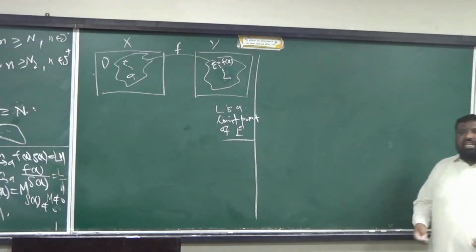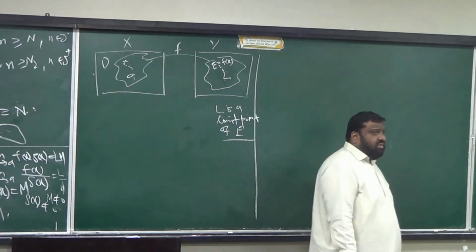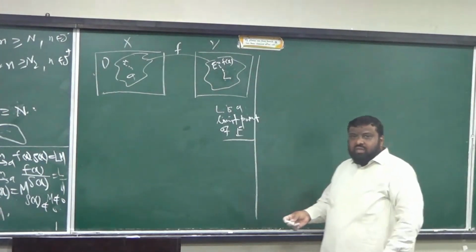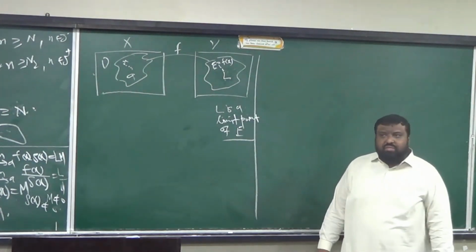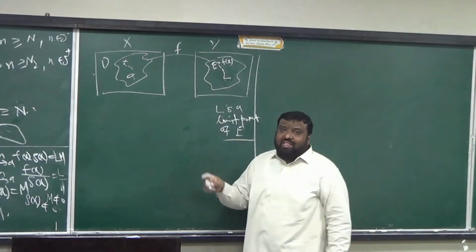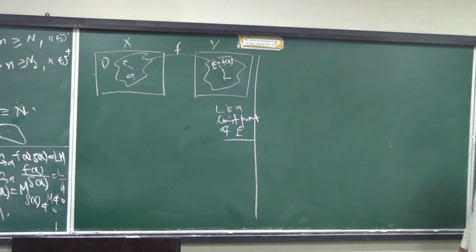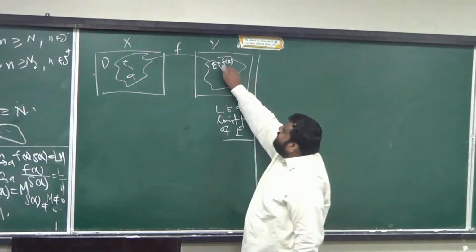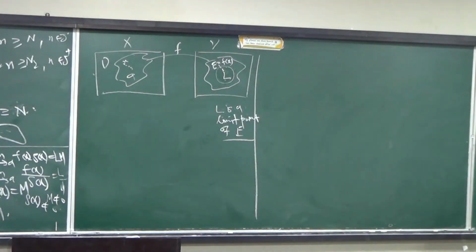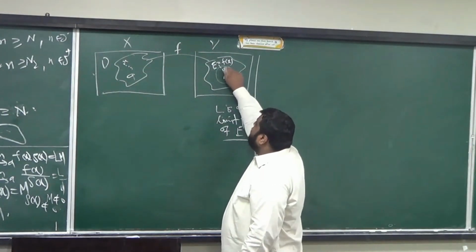So how do we say that a set of points gets closer to L, in terms of distances? If it is really getting closer to L, then what should happen? You take any neighborhood of L, centered at L of radius epsilon.